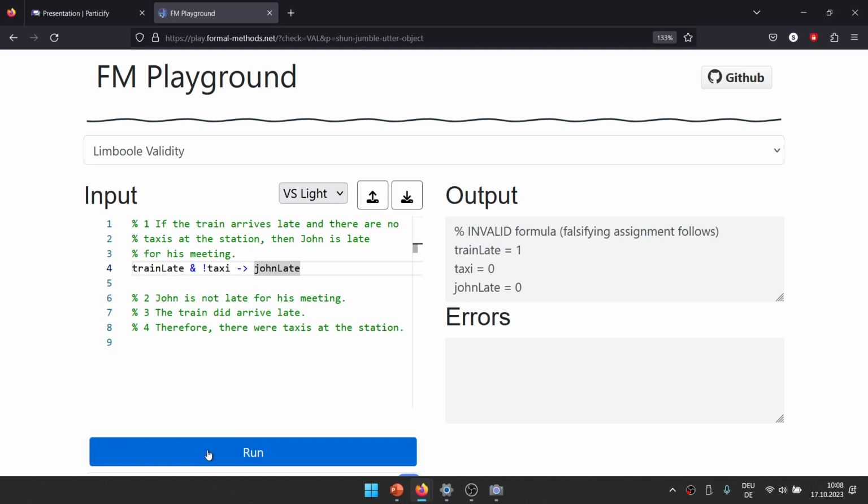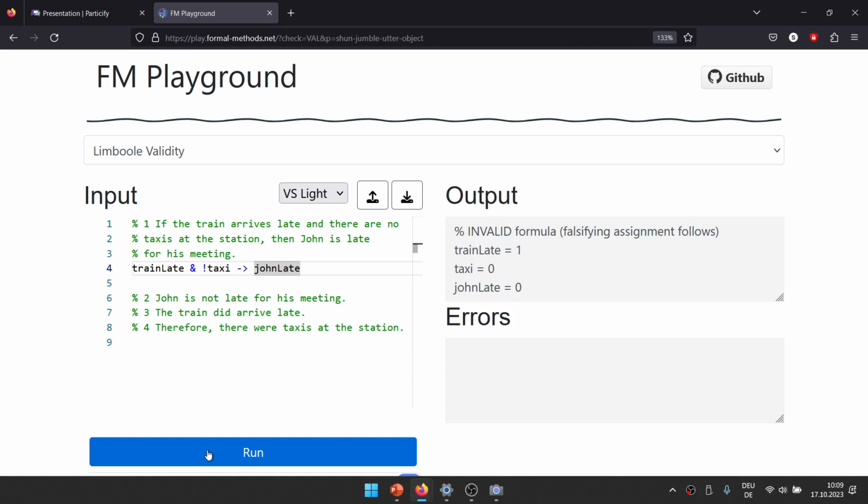What would it mean if it was a valid statement, in our context here? If this were valid, no matter how we set the variables, it's always true. Would this help us in deriving our conclusion? No, because it's meaningless. It's a trivial statement that is always true, like John is late or he's not late.